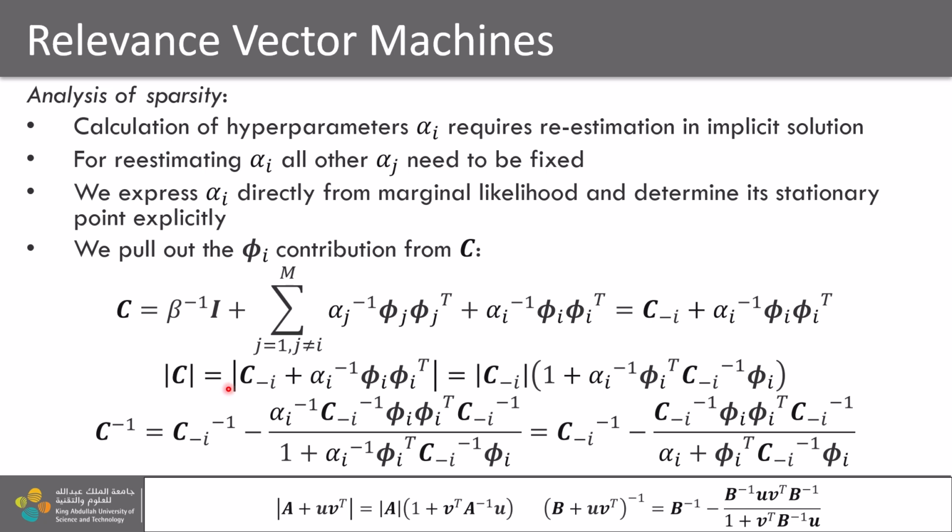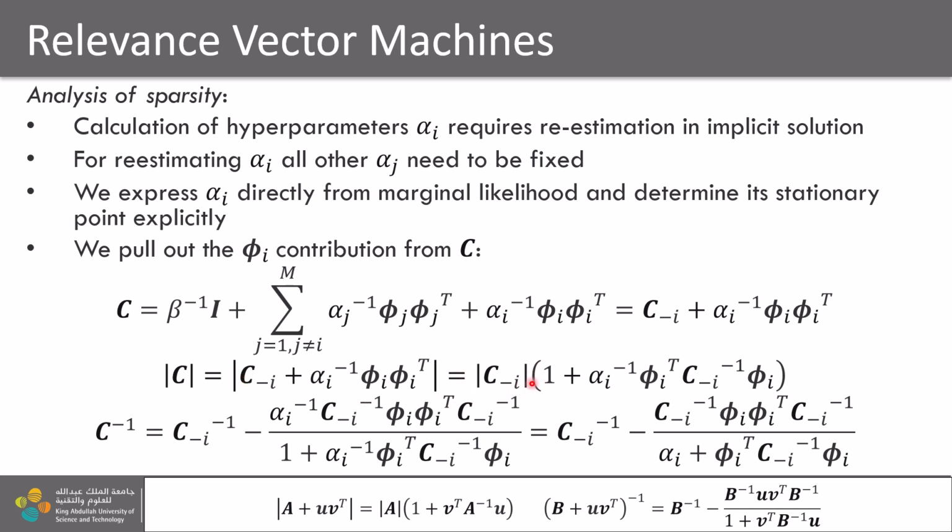So it is the determinant of C minus i plus alpha i inverse phi i transpose, and that is equal to something which we can see here as a general rule for matrices, where the result of this kind of formula is equal to the determinant of A times this, and we will see that it corresponds to our formula as we have it here, just with a different naming convention, if you like.